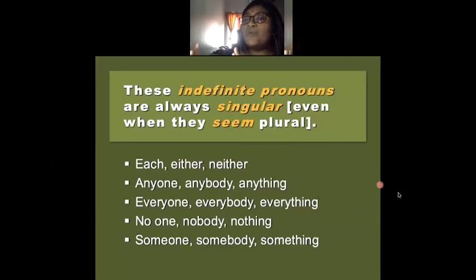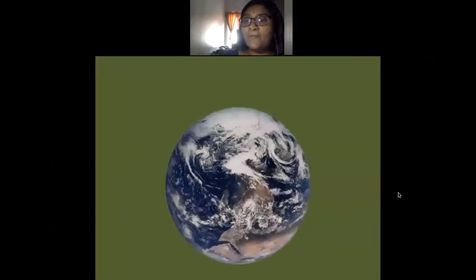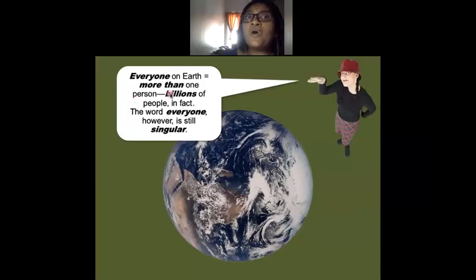For example, everyone in this room. So you would think that everyone in this room is happy or are happy. Which one? It is happy. Even though it looks like a plural, we always take them to be singular. Everyone on earth, more than one person, billions of people. In fact, the word everyone is still singular.